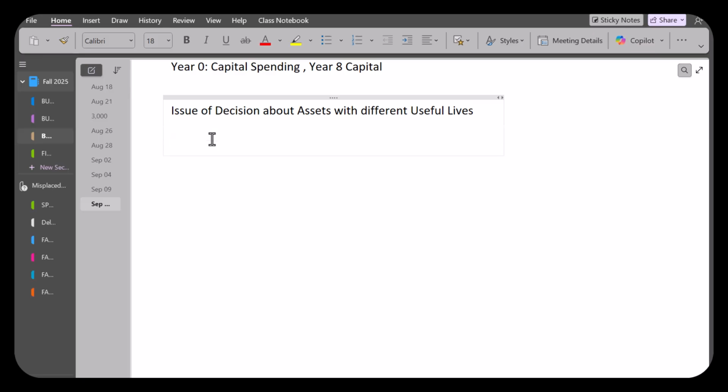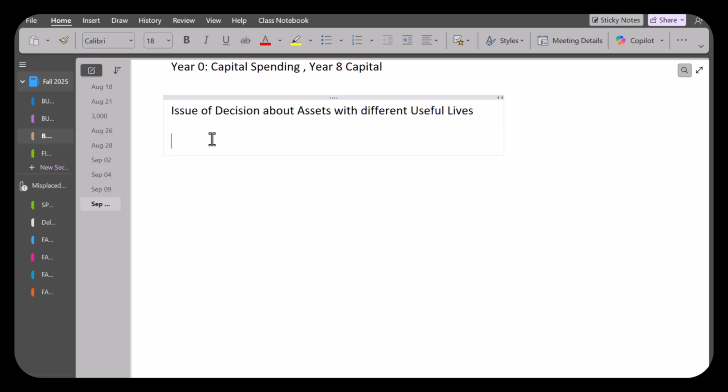Suppose I have a choice to make. Whatever I'm doing doesn't matter. I have a 10-year project and I need a certain kind of machine, and I have three choices. Or let's say I have a 12-year project. The first choice is to buy a machine that's cheap, but I'm going to have to replace it every 3 years.